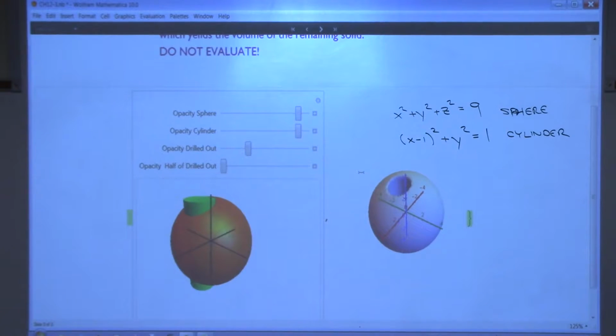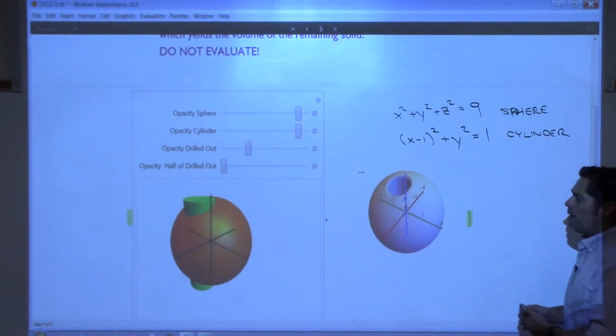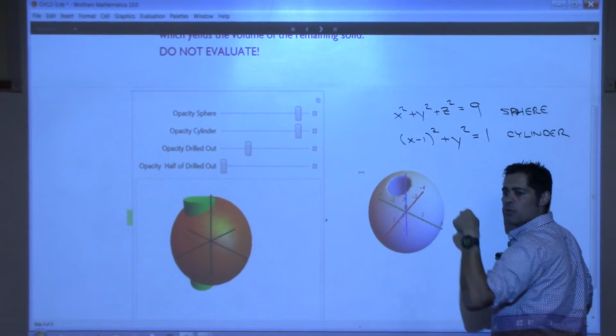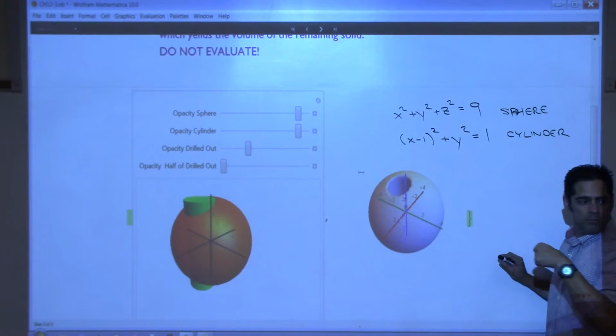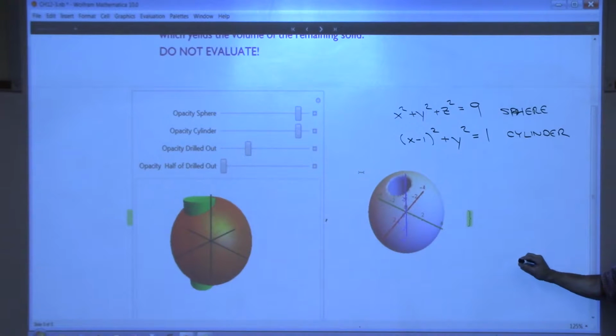Like what are we finding the volume of? What do you want to find the volume of here? So you're trying to go about this problem by actually finding the volume of what we took out? Yes? Do you know the volume of the sphere if we never took anything out? Yes, right? Yep, go ahead.